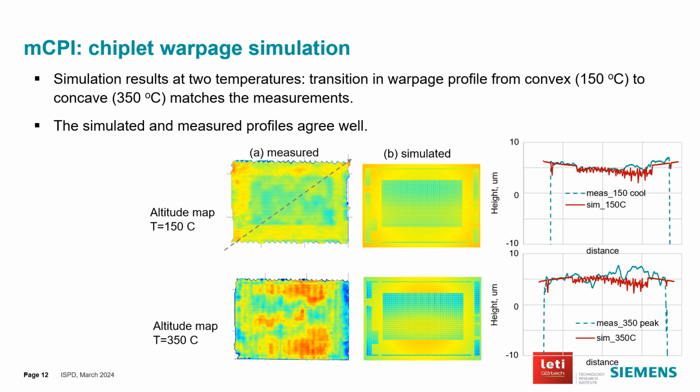The results for 350 degrees C exhibit convex surface as opposed to concave at 150 degrees C. The transition in warpage profile and overall map pattern matches reasonably well with measurements.